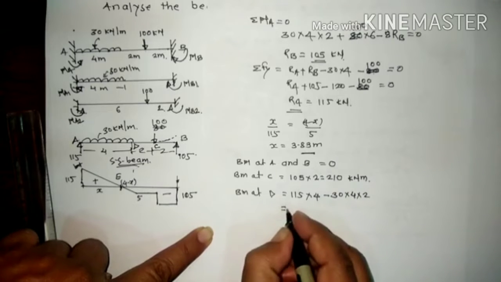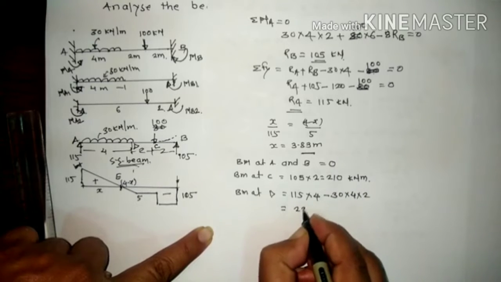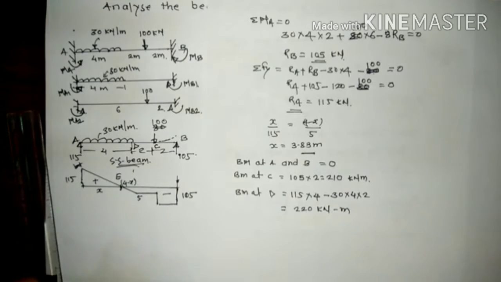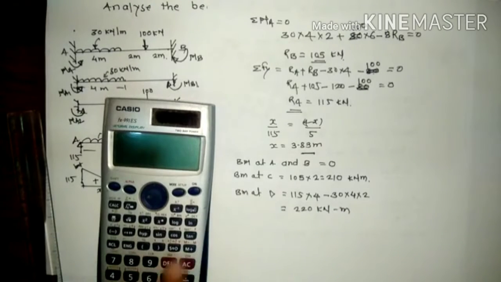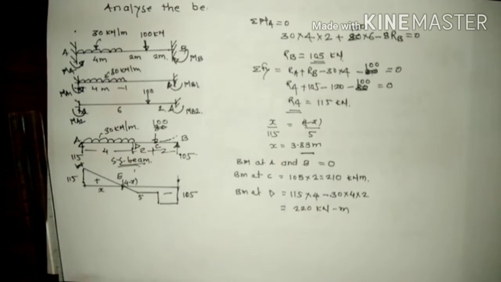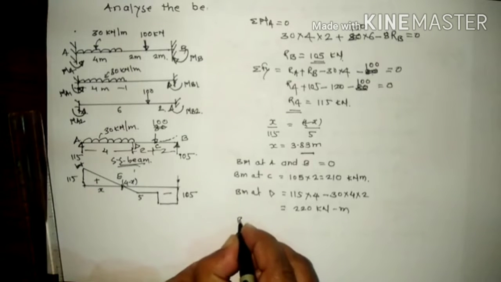So this becomes 220 kilonewton meter. If we do the calculations here, 115 into 4 minus 30 into 4 into 2, okay, 220.